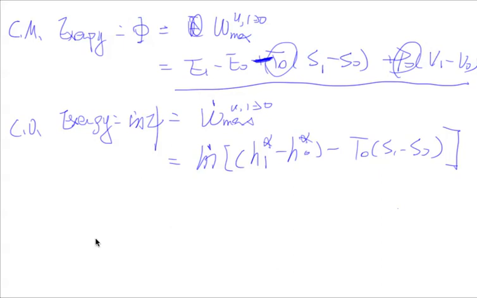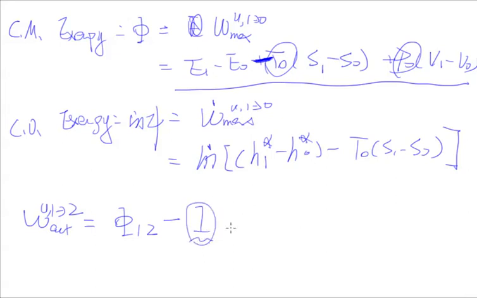It's always decreasing due to destruction, due to entropy generation. So the actual amount of useful work we can get from 1 to 2 is always going to be the exergy difference from 1 to 2 minus the destruction term due to irreversibility, and this term is always non-negative.